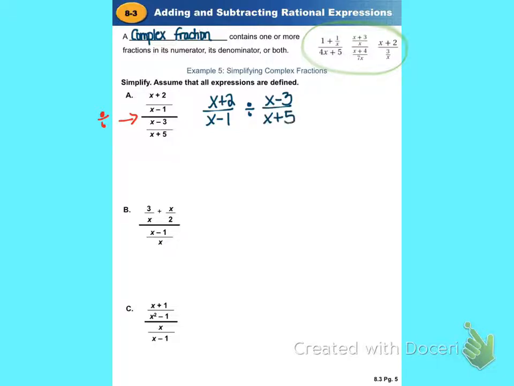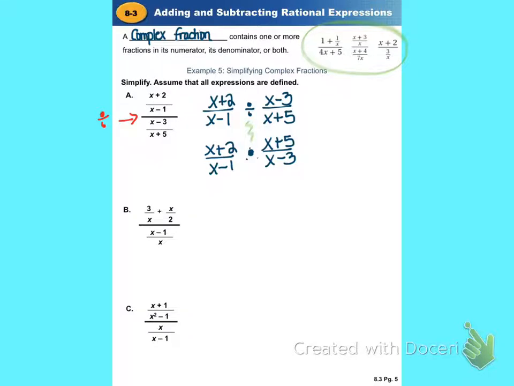Well, in that last lesson we said if we have division, we can change that to multiplication by the reciprocal. So maybe I better not write that as an x, maybe we should write that as a dot, just so it doesn't get confused with the x's. We can just change that to the reciprocal of the divisor. So we'll just flip that second fraction, and now this just becomes a very simple multiplication.